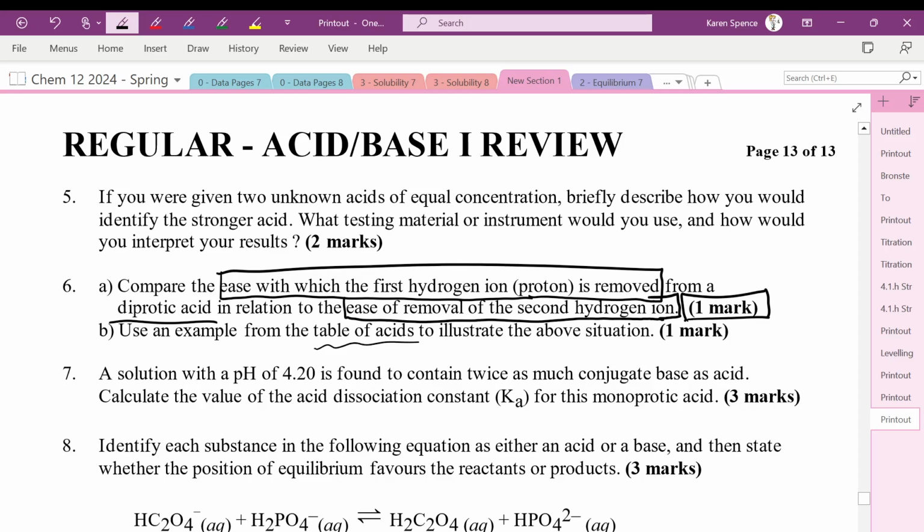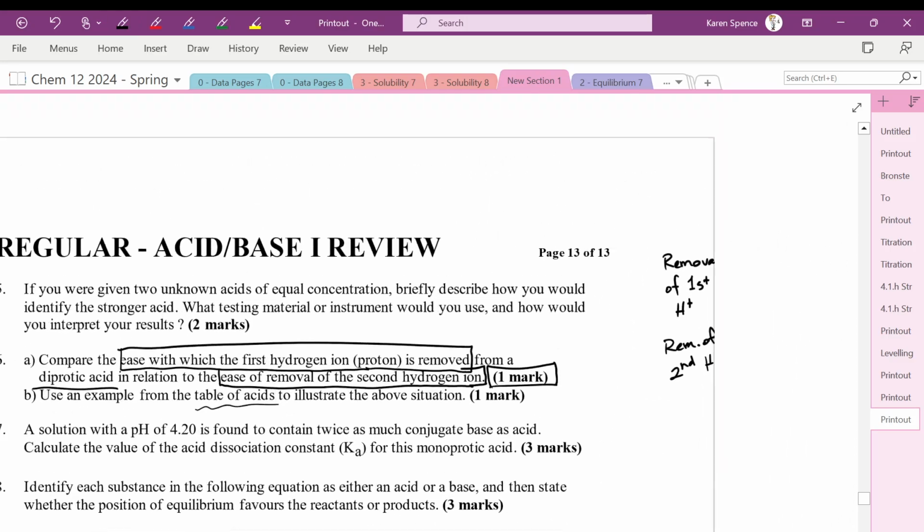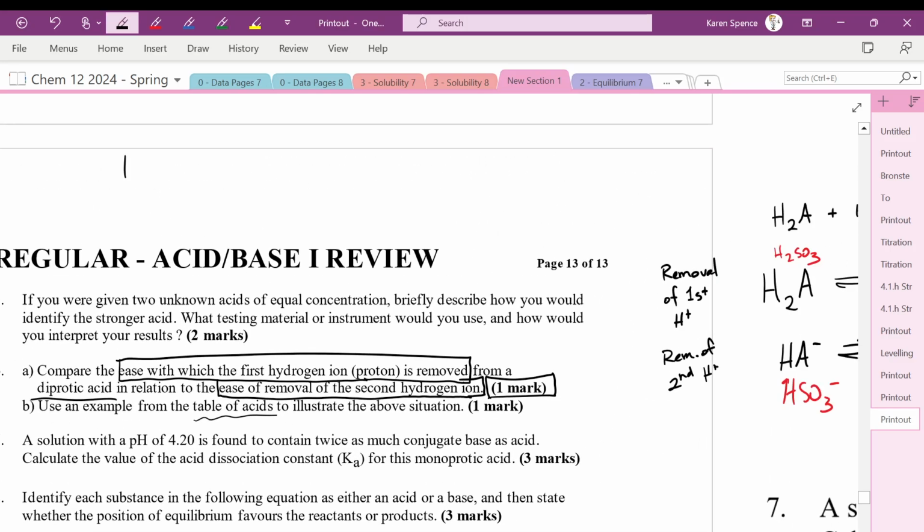You just need to say the first hydrogen ion is more easily removed than the second hydrogen ion.